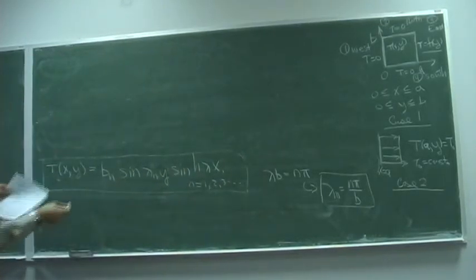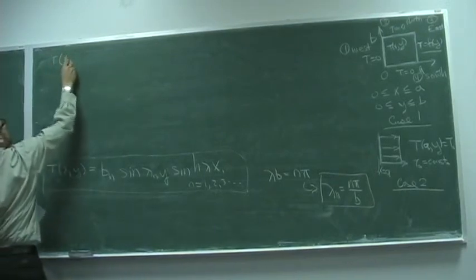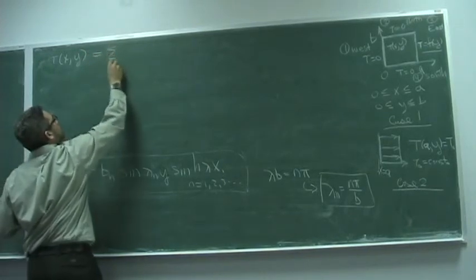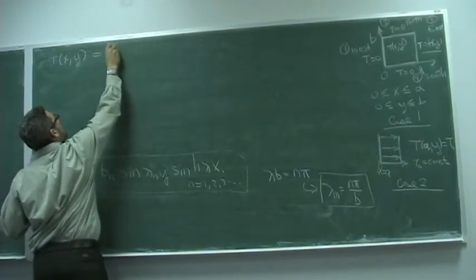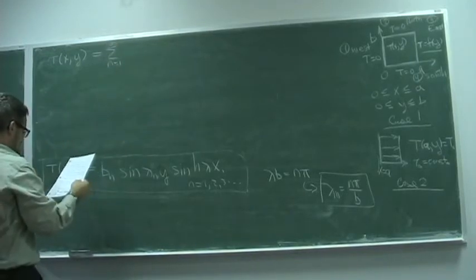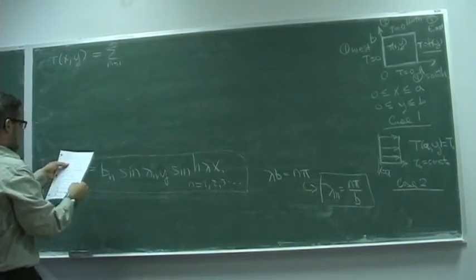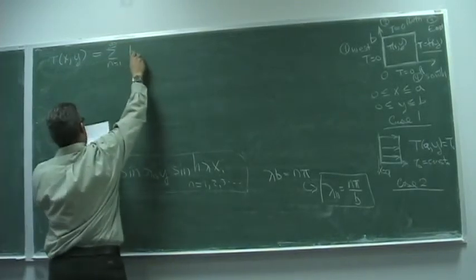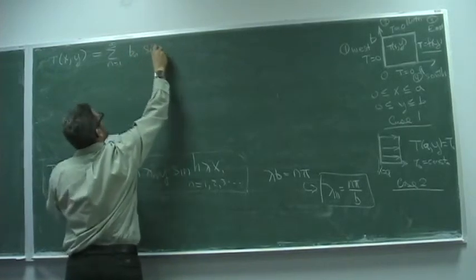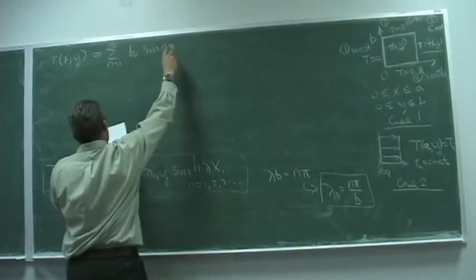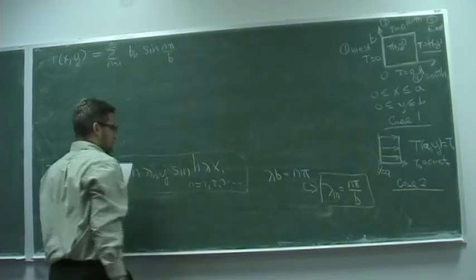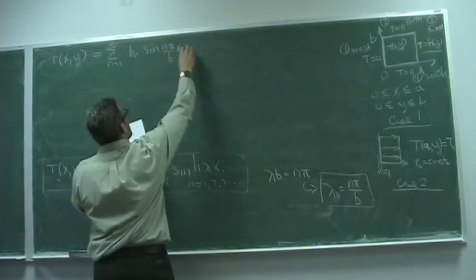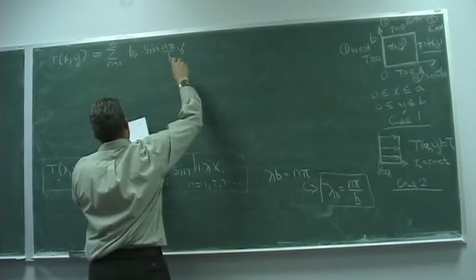So what we've got now, T of x and y, is going to equal the summation from n equals 1 to infinity of b sub n, sine of n pi over b, substituting in for lambda, times y.